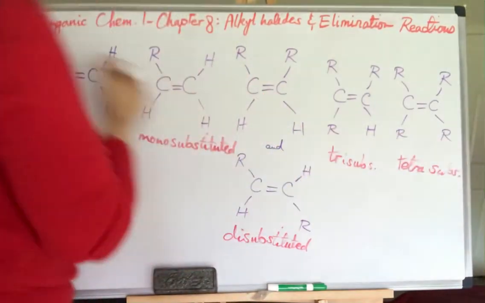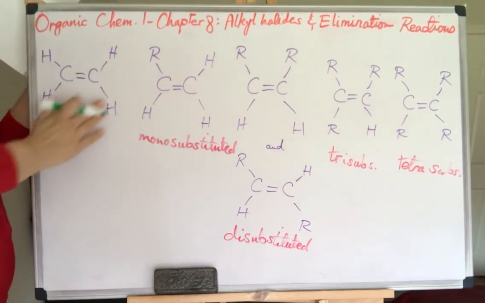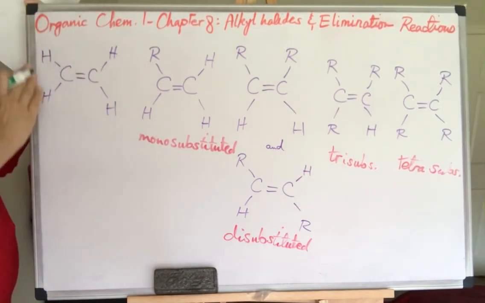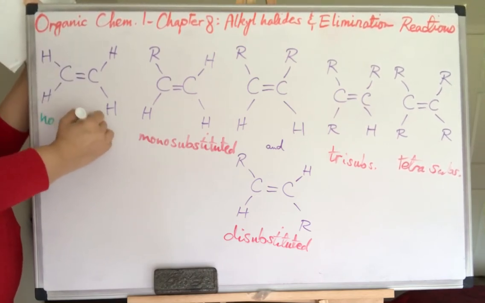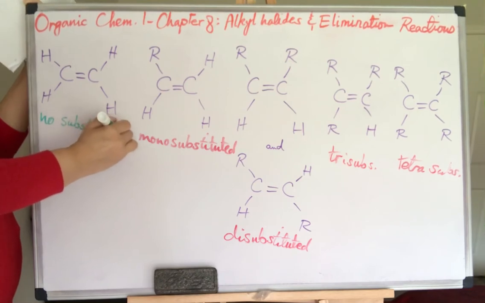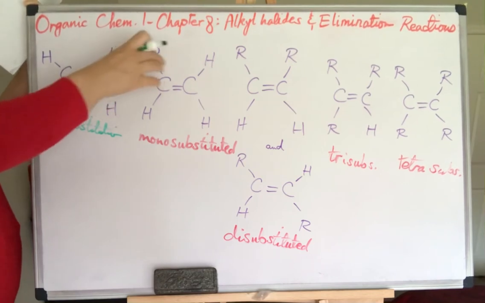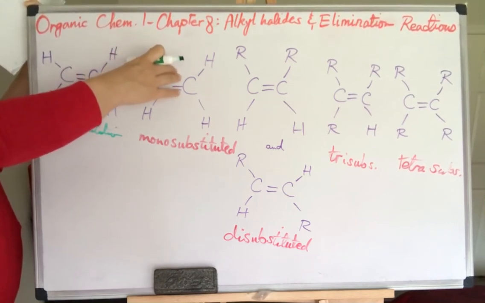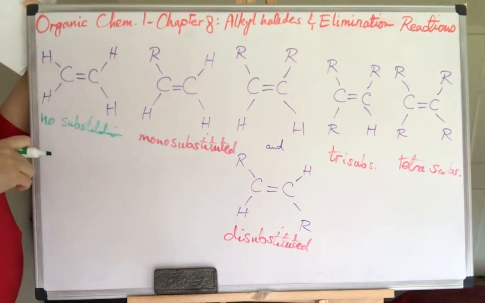What do we mean by the substituted? Pay attention to the carbons of the double bond. Do you see anything except hydrogen here? No. So there is no substitution. Here, one of the carbons of the double bond is connected to one more carbon, so we call it a monosubstituted.